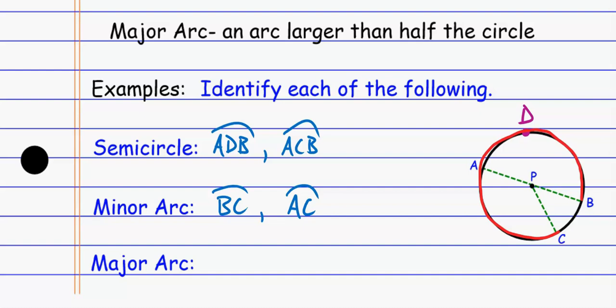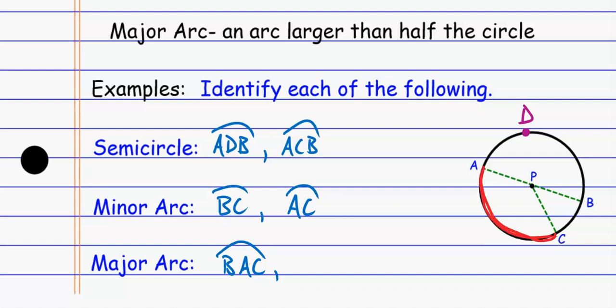If I want to label that longer arc that I have highlighted in red there from B all the way around to C, then I'm forced to use three points. So it would be BAC to go the whole way around. Anytime we only label an arc with two points, it's automatically the shortest arc that we can draw. Likewise, in the second one, AC automatically labels the shortest arc.